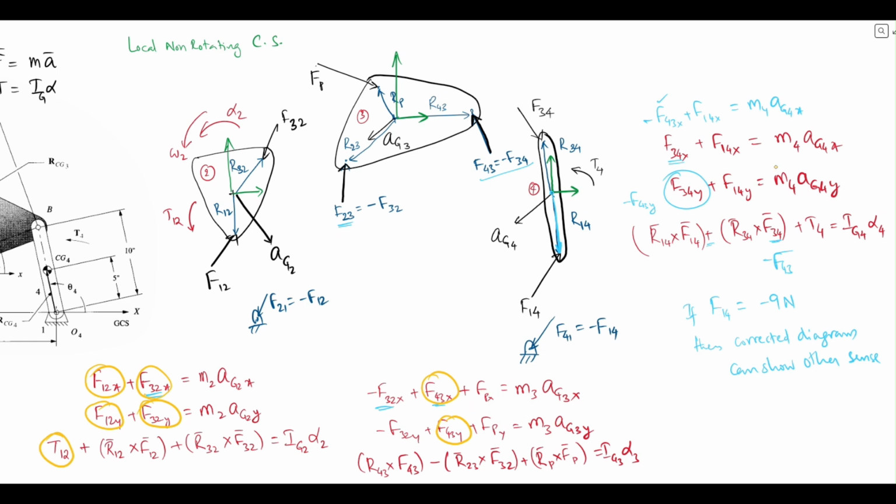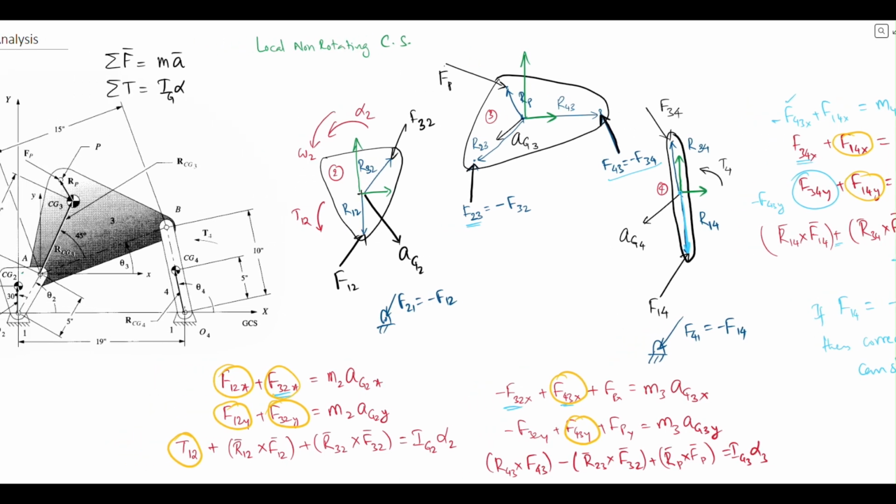We know T4 is not an unknown. We have already marked 3, 4. We already marked 4, 3, so we are not going to mark that again here. We don't know 1, 4 X and Y. So that's 1, 2, 3, 4, 5, 6, 7, 8, 9. So we have 9 equations, 9 unknowns which can be solved.